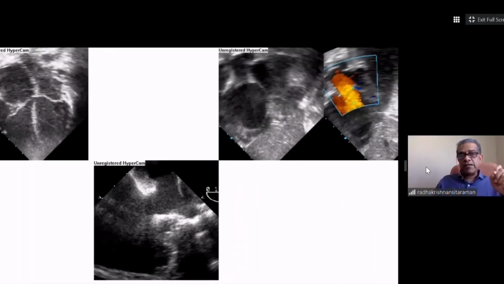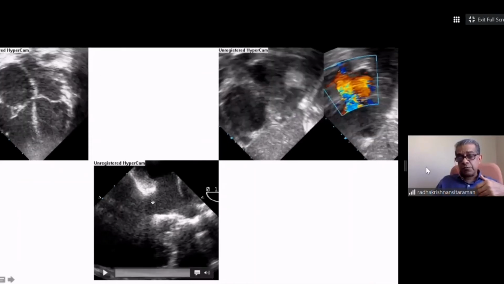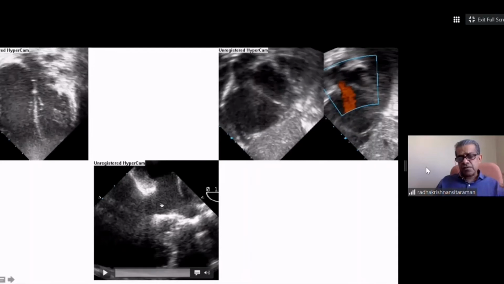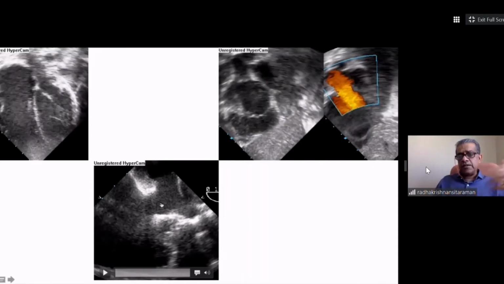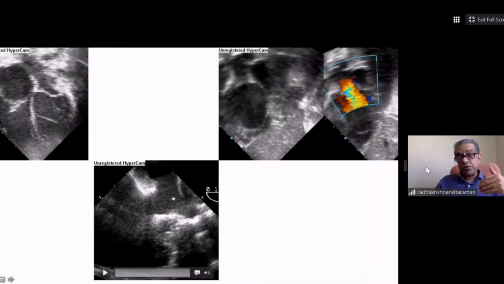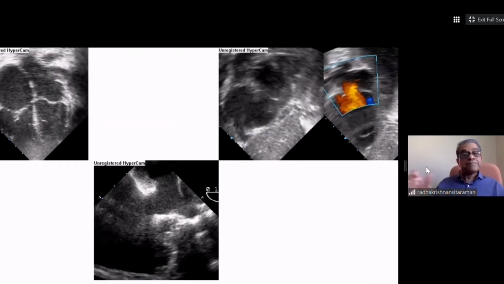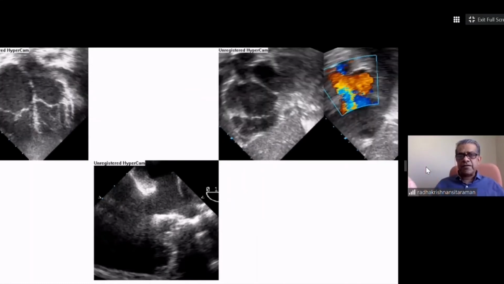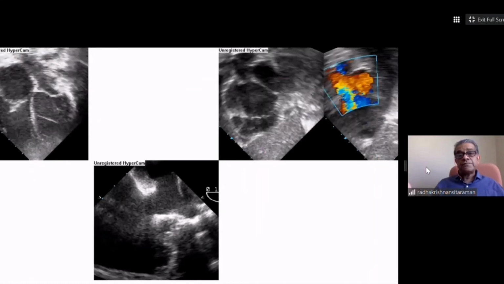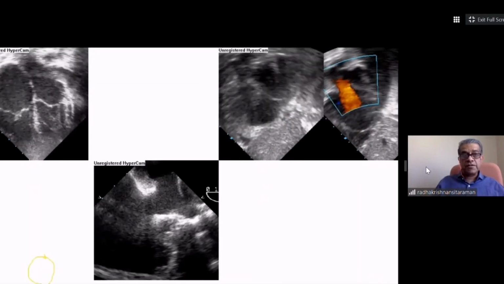Twice I have had instances where a patient's chest was opened up with a diagnosis of sinus venosus defect, and the chest was closed and they said there was no defect, because it was lying so superiorly and anteriorly. But in 99% of cases, the subxiphoid window is good enough to diagnose a superior type of sinus venosus defect.